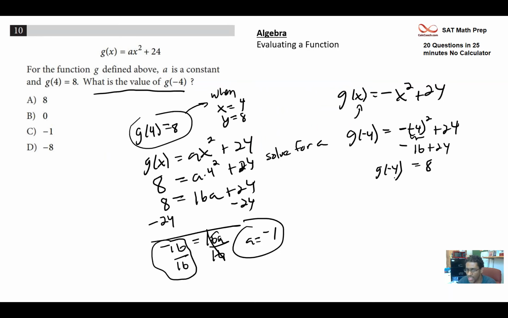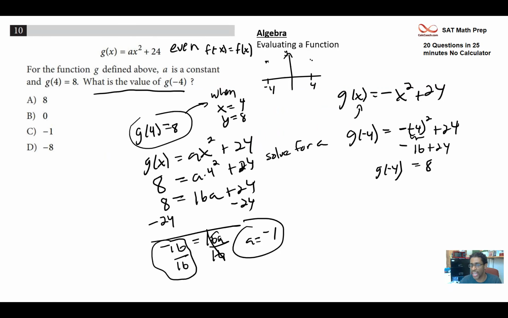The function that we are looking at is called an even function. f of negative x is equal to f of x. If you're at 4 and you're at negative 4, it's a mirror image across the y-axis.